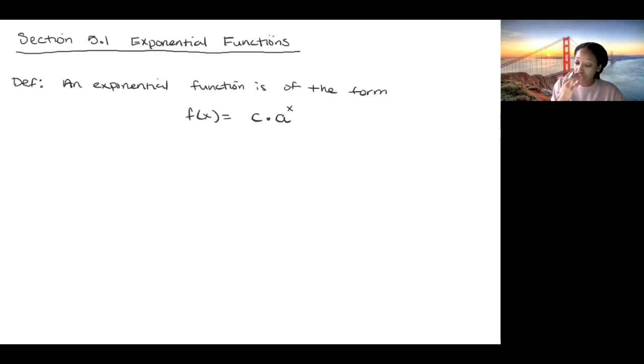So an exponential function is of the form f of x equals c times a to the x, where c is a constant, any real number, and a has to be a positive number greater than 0. So we'll say where a is greater than 0 and a is not equal to 1, because 1 to any power is just 1, so that's not very interesting. And c is a real number.